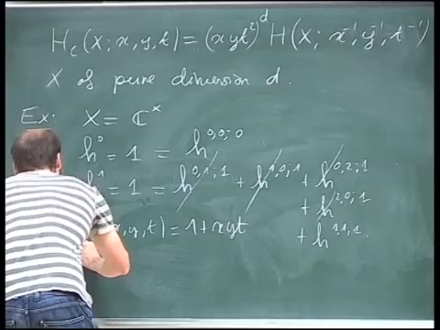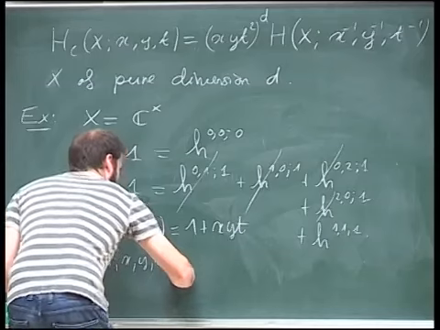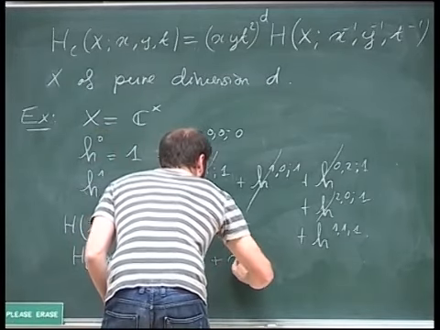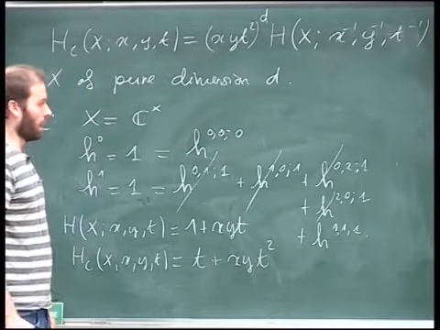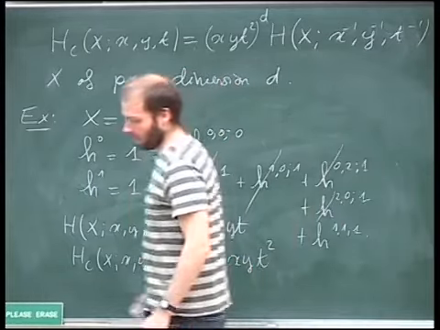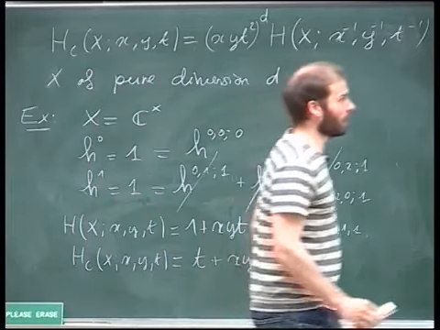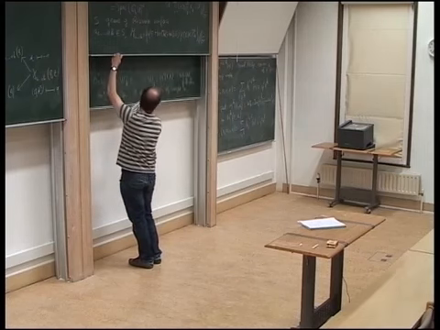If I want the compactly supported one, you apply the above formula, and you have t plus xyt squared in this case. Now you can notice something interesting, which has some consequences: some specializations can be calculated. This is what I will talk about.